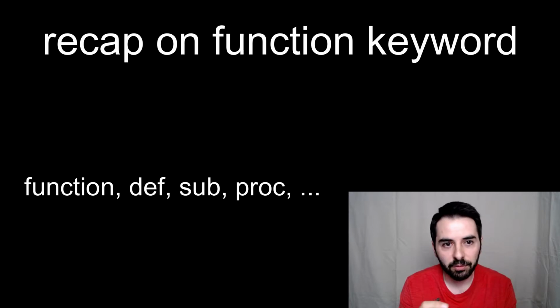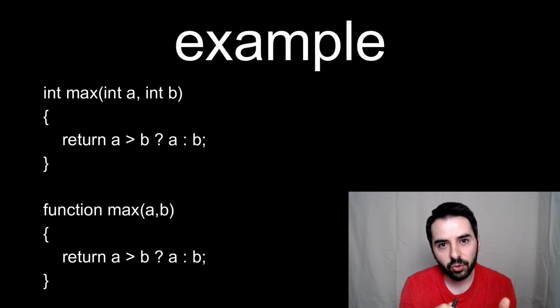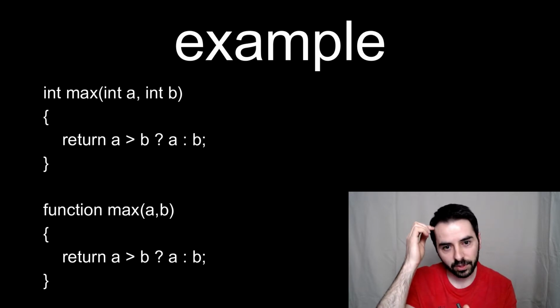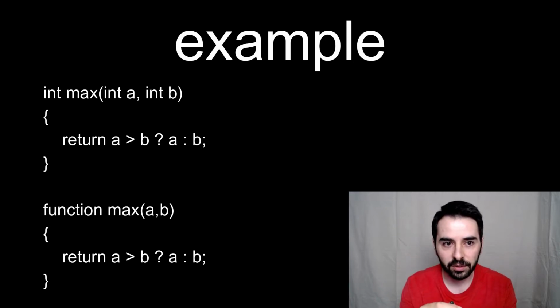So that's about definition. Here I just listed two definitions in different languages for the same function, which is called max, and it returns basically the greater of the two input values. And note that one is a statically typed language, so we specified the return type, and then the types of the input parameters, all being integers.